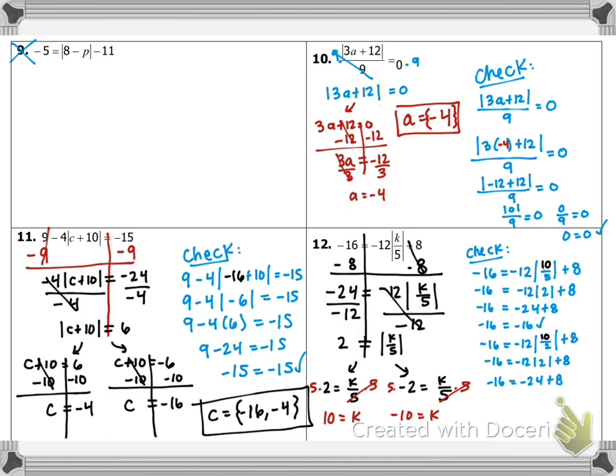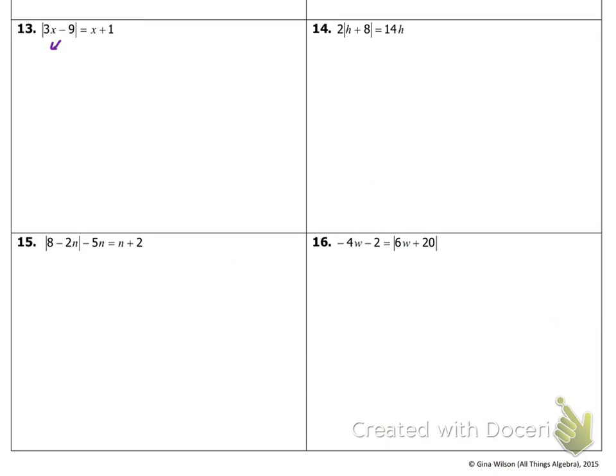Let me put negative. Okay, negative, and then that would be negative, which would just be a positive. When you take the absolute value, it would be negative 12 times 2, which is still negative 24, so it checks out. All right, so both of those are answers. All right, number 13.